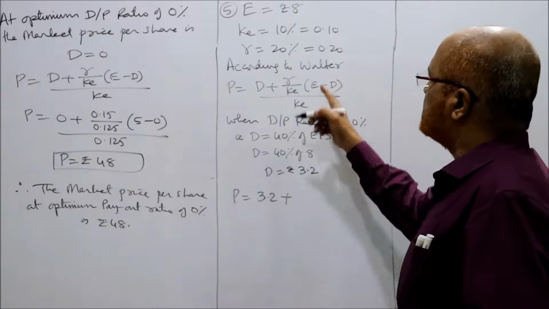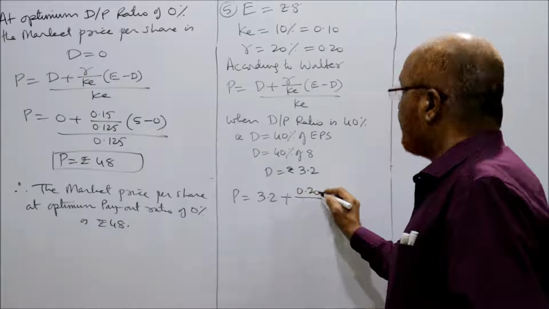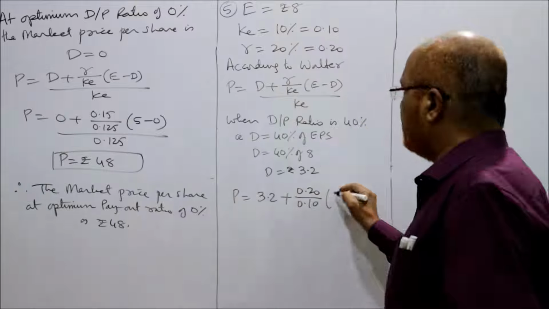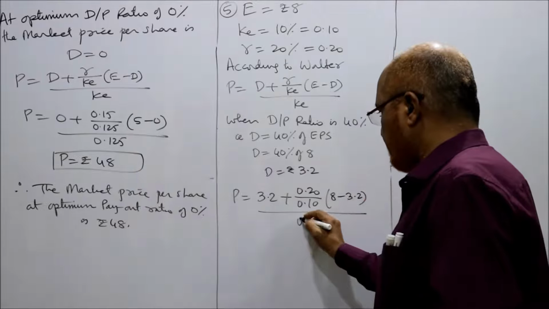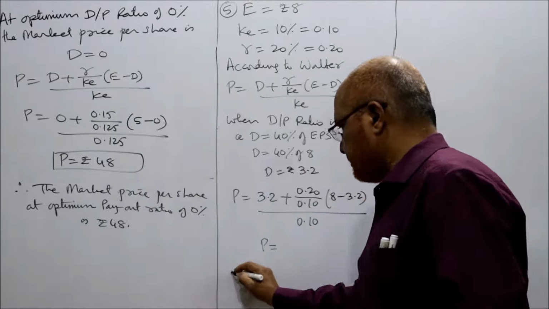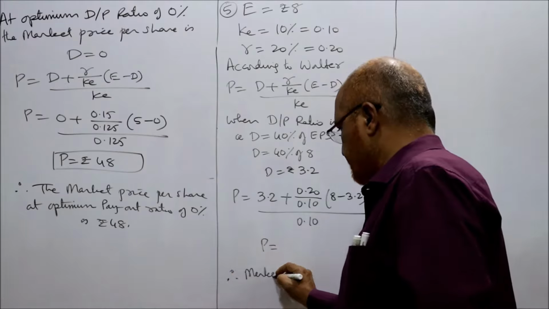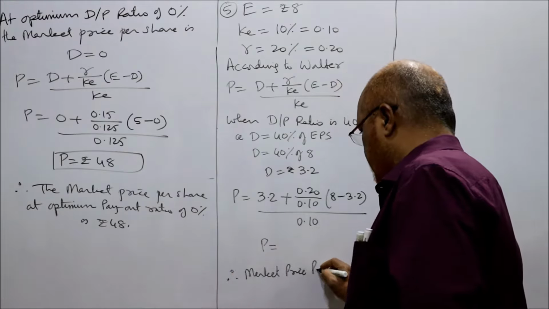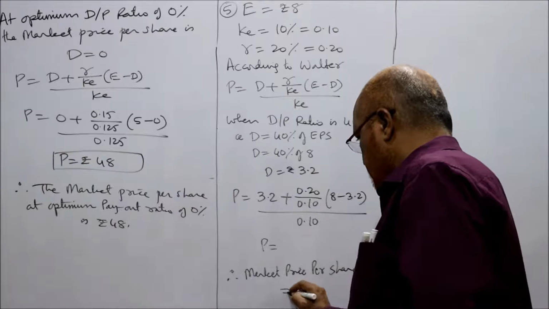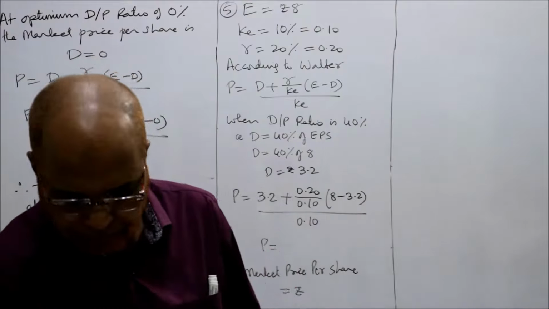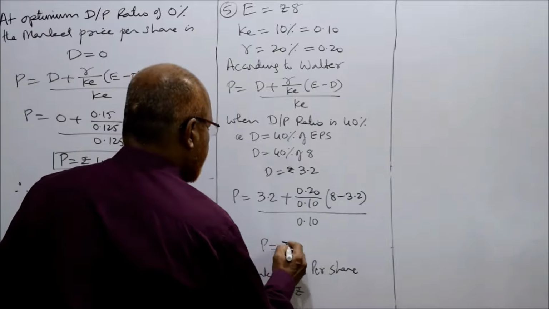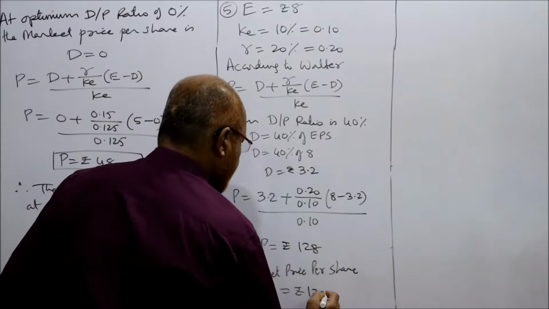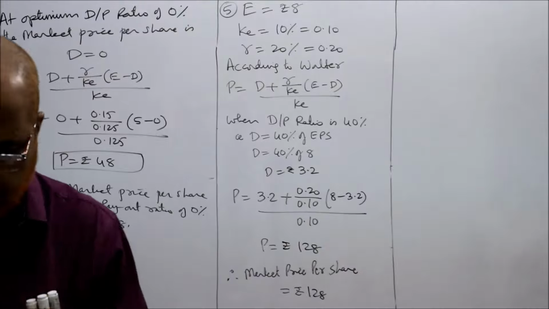Plus R, R is 0.2, divided by 0.1, into E, earnings is 8 minus 3.2, divided by 0.1. Therefore, market price per share is equal to rupees 128. 128 is the market price per share.